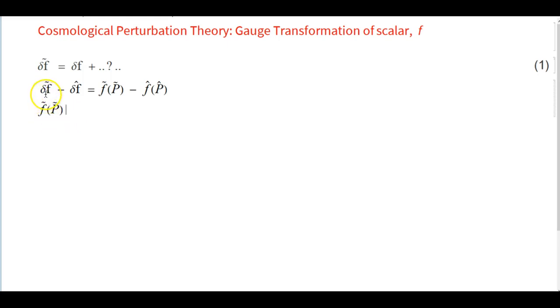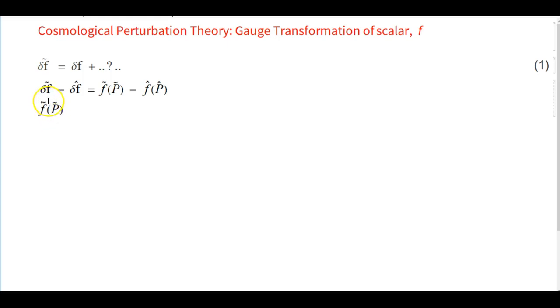So I'm transforming a quantity f, which is a tensor of rank 0, or a scalar.